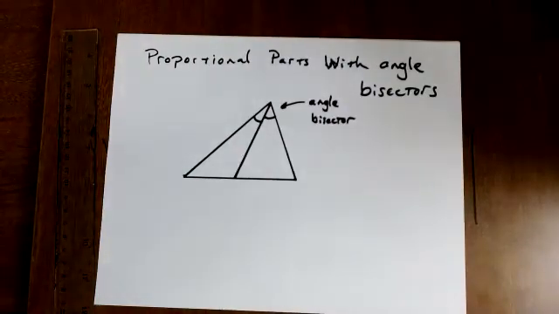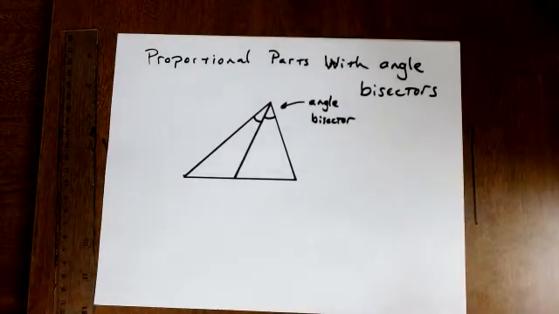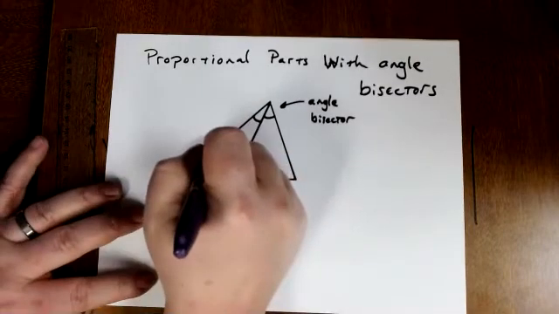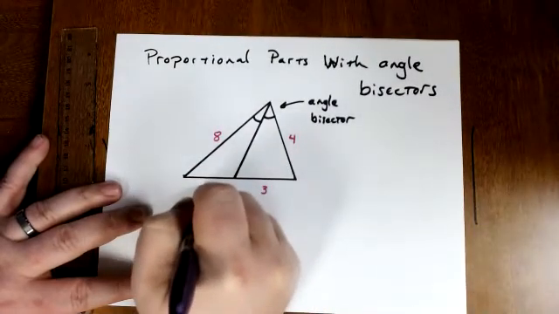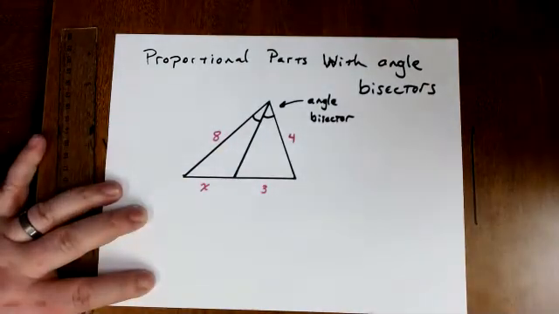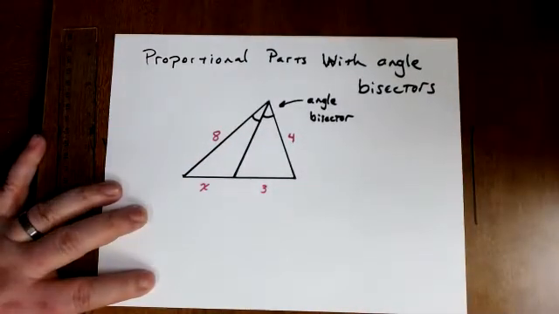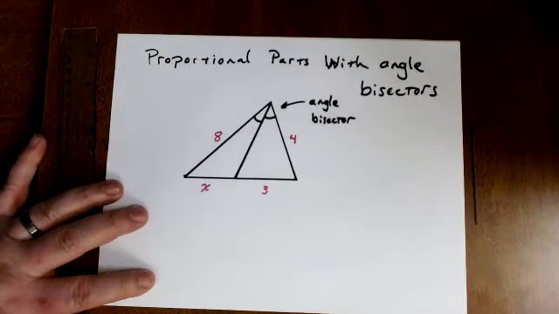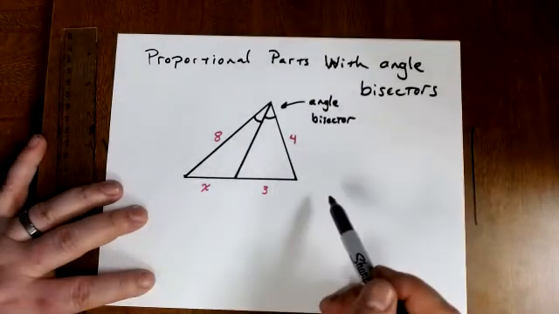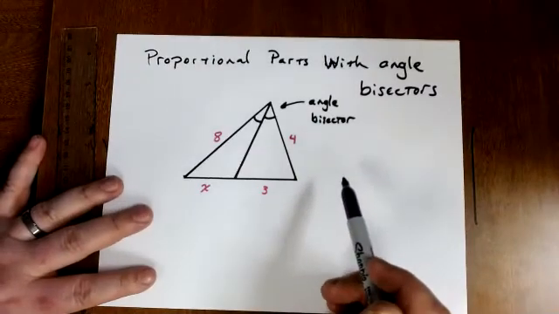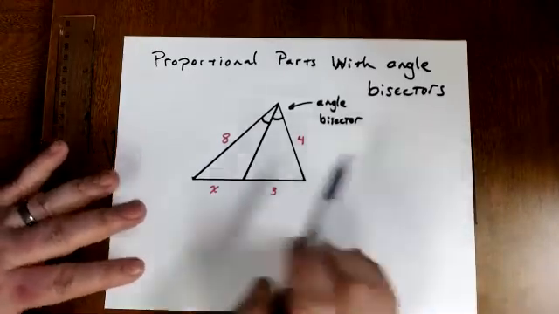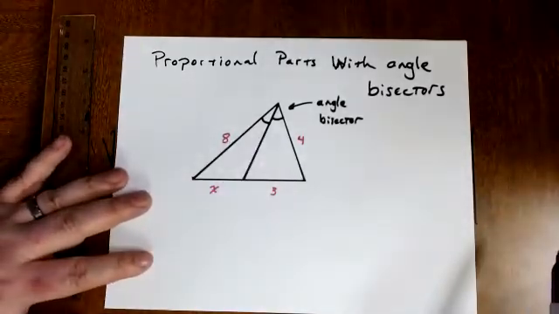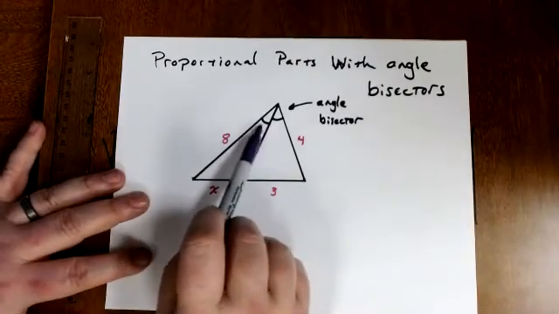Now, I'll set up a problem and show you how it works. Okay. So in this problem, this is a new kind of problem, and it starts off with a triangle and an angle bisector. I know it's an angle bisector because of the tick marks.